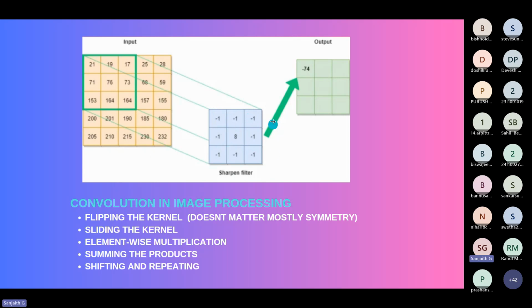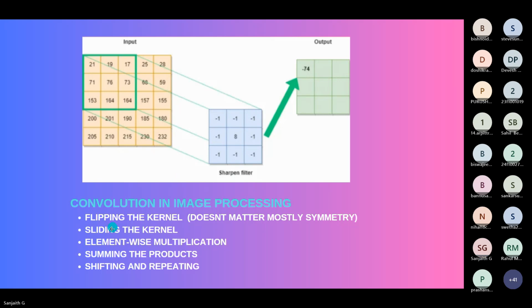We'll mostly have symmetric kernels, so that we get a properly processed output image. In a few cases we'll use something called correlation, where we just avoid this flipping step. That doesn't matter, we'll just deal with convolution.